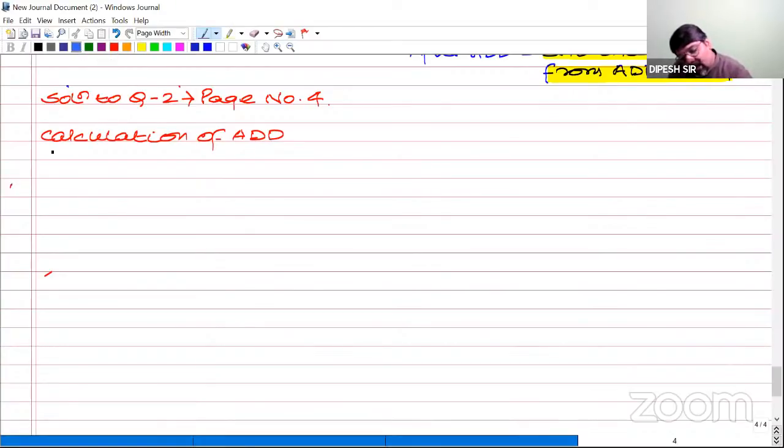First column is due date. 9th of April plus 4 months. 9th of April, that means 9/4. 9/4 plus 4 months is 9/8. 9/4 plus 4 months, 3 days of grace is equal to 12th of August.